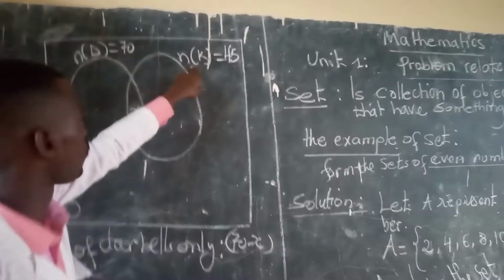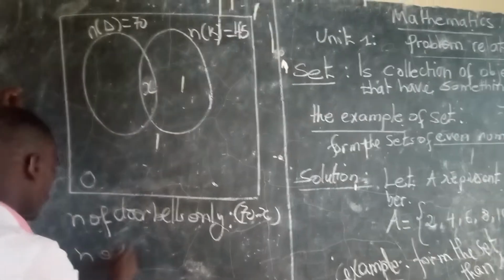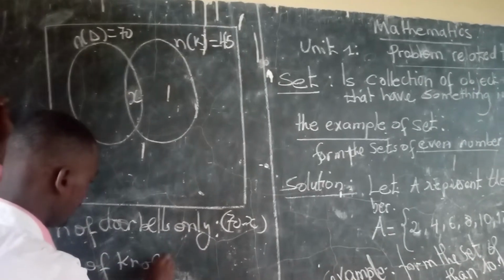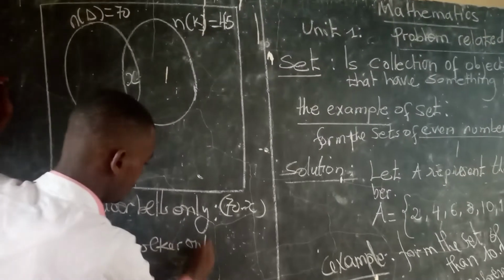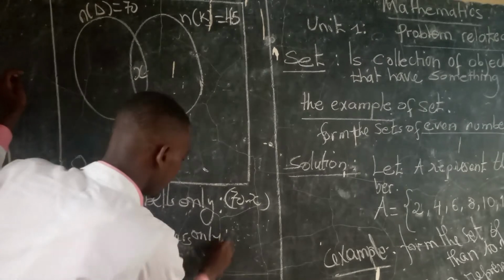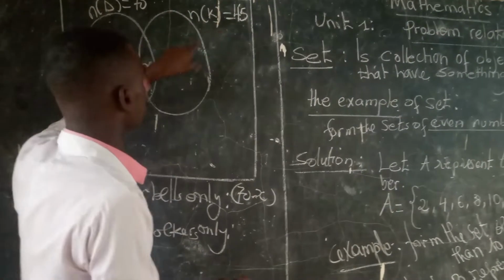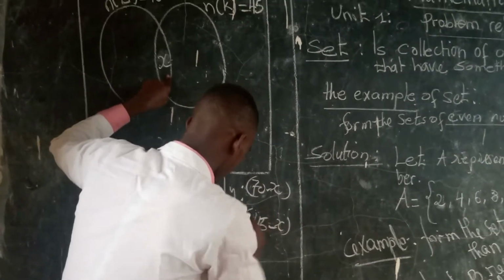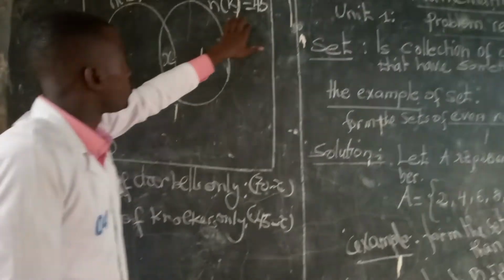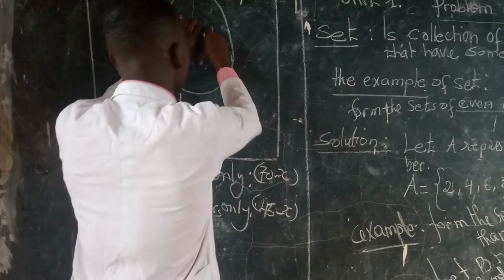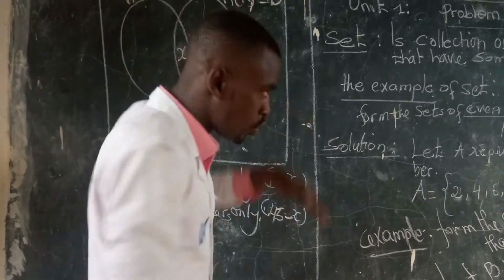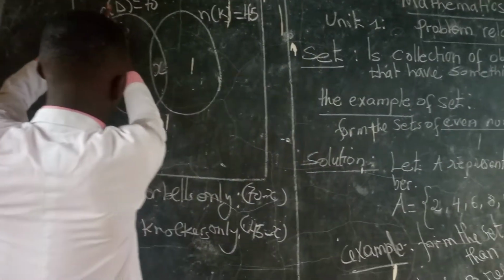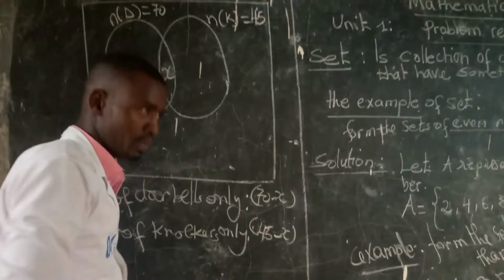When I go to this one, the number of knockers only will be calculated by taking the total number of the set as 45 minus this x. I'm going to look for the set of knockers only, not included doorbells.